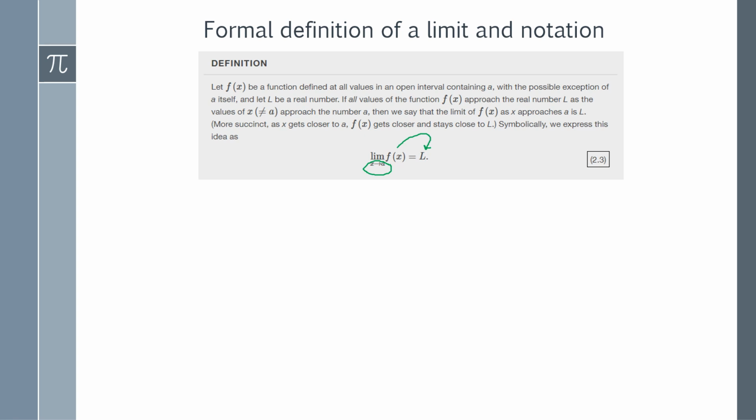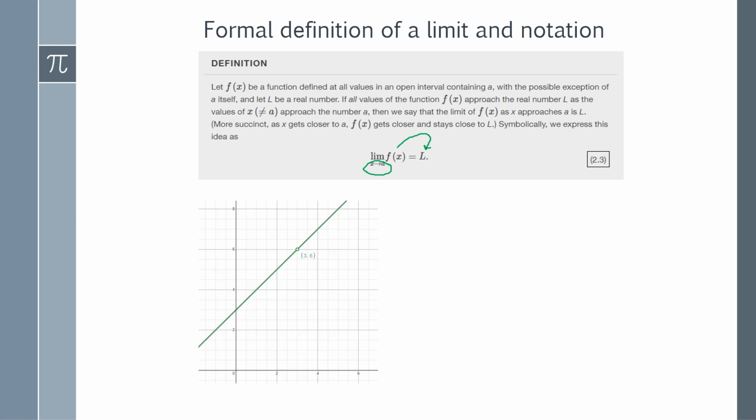So now let's take a look at one of the examples that we started our lecture with. This function right here is a linear function that's not defined for x equal to 3. However, we said that as we approach 3 from the left or from the right, the value of the function gets closer and closer to 6.